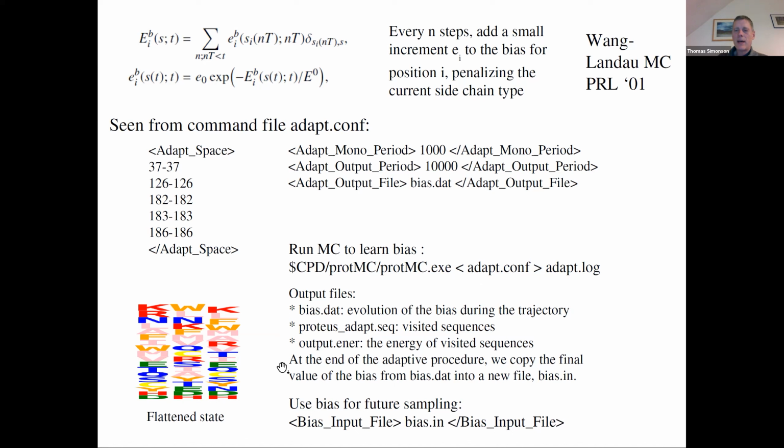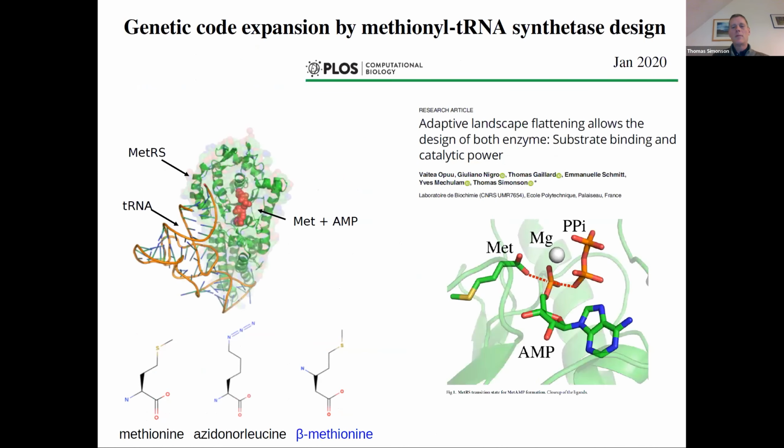And at the end of the adaptive procedure, when we feel that everything has converged sufficiently, we take the final bias and we copy it into an input file. And that will be used now for future sampling. Okay, so these are just things that get added into the basic Monte Carlo command file.